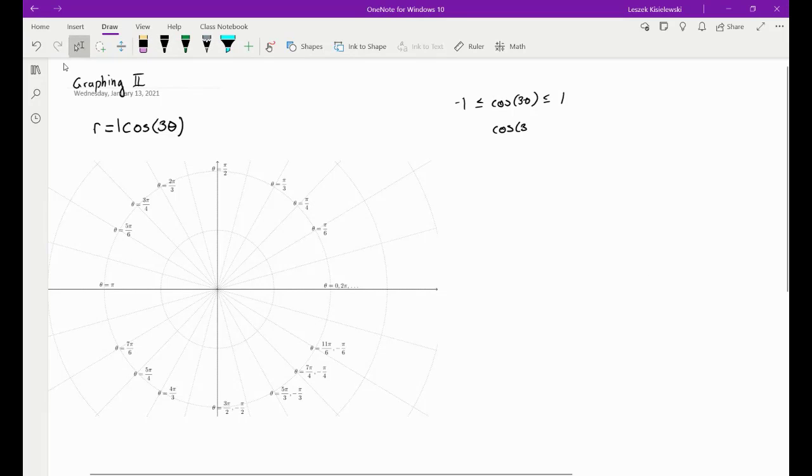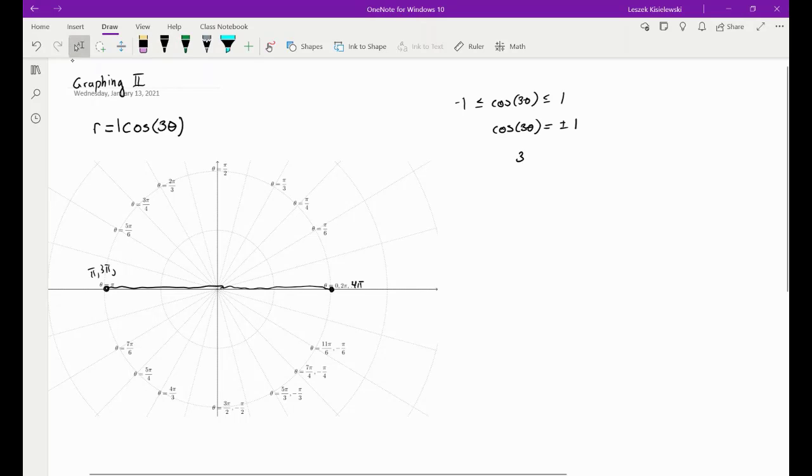So when is cosine equal to plus or minus 1? What has to be true about the argument of cosine? Well, we know that cosine is 1 if our angle is 0, 2 pi, 4 pi, and so on, and cosine is -1 when the argument is pi or 3 pi, and so on.